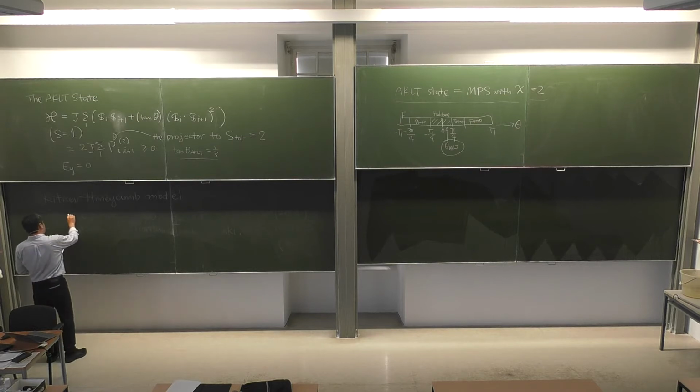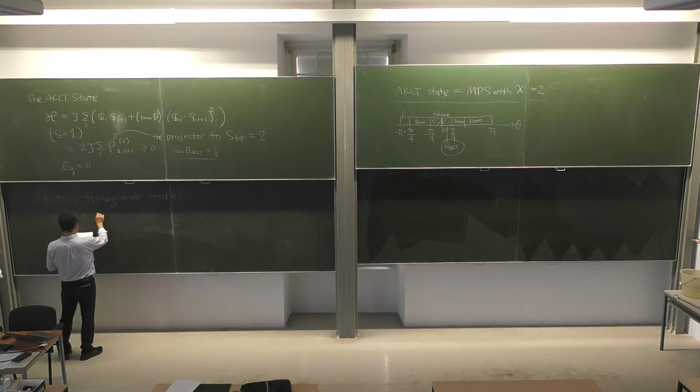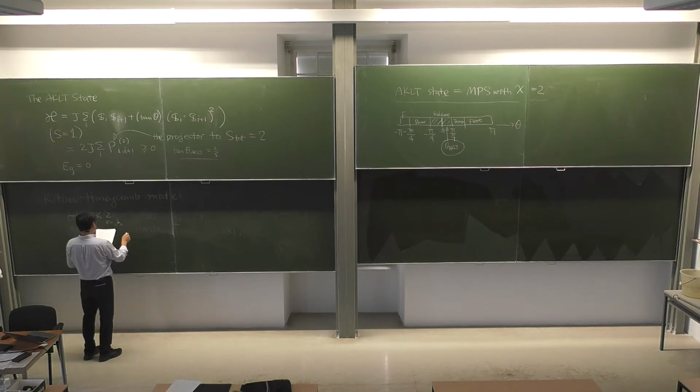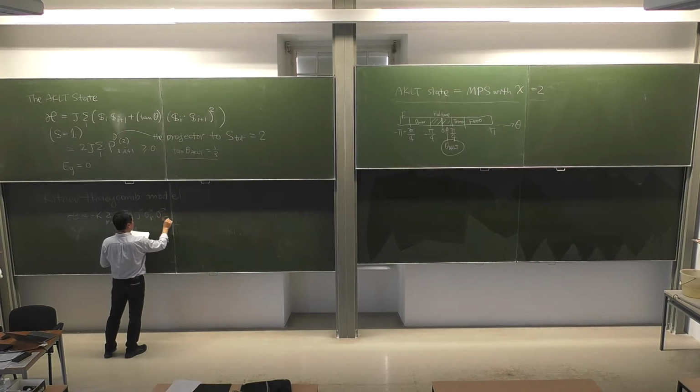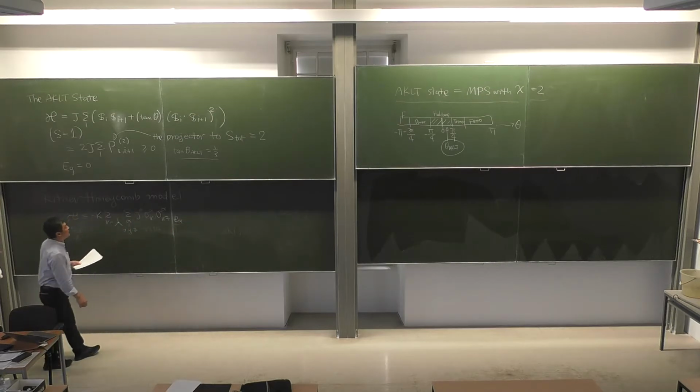But anyway, the Hamiltonian is something like a constant, and alpha is the specifier of the directions, x, y, z. Sigma alpha at r, sigma alpha at r plus the lattice vector in the alpha direction.